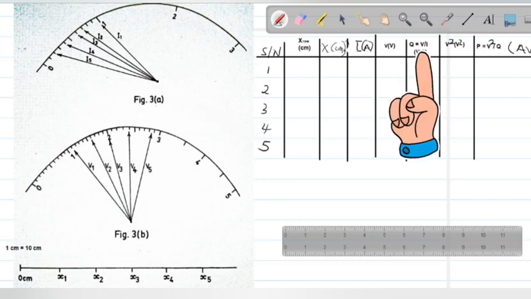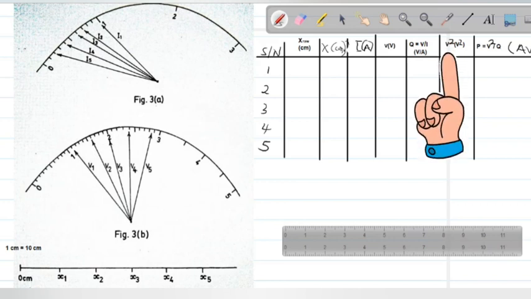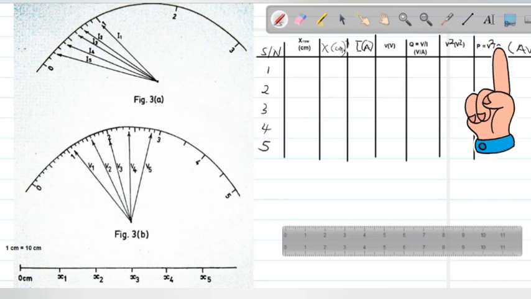Then we have Q equals V over I, which we are told to evaluate from the question. Then we have V squared that we're asked to evaluate, and the unit given is volt squared also. And the units of all of these are included. I actually derived the unit for this by using the parameters that we have here. So P is equal to, I can quickly show you how to derive the unit.